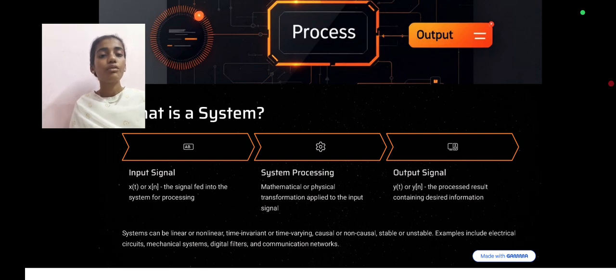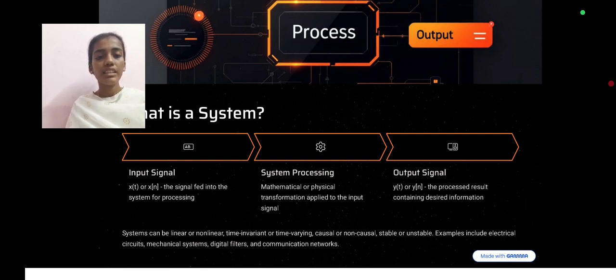Here x of t or x of n are input signals and y of t or y of n are output signals. So the system will process the input signal and give the output. It processes in the form of a mathematical or physical transformation.